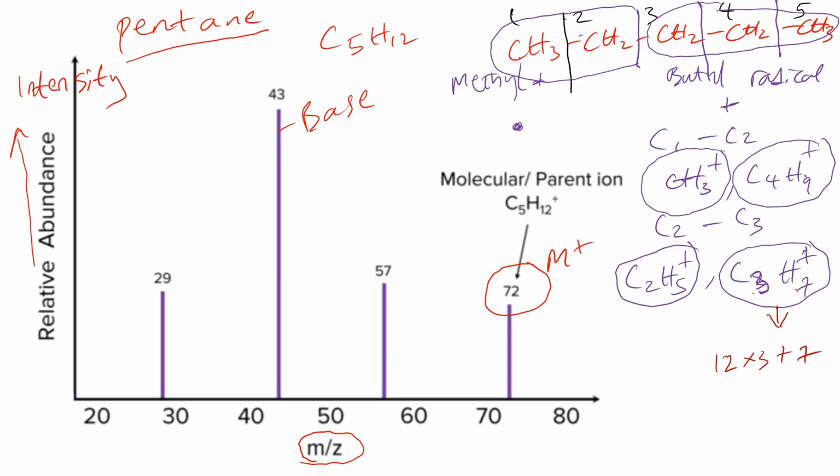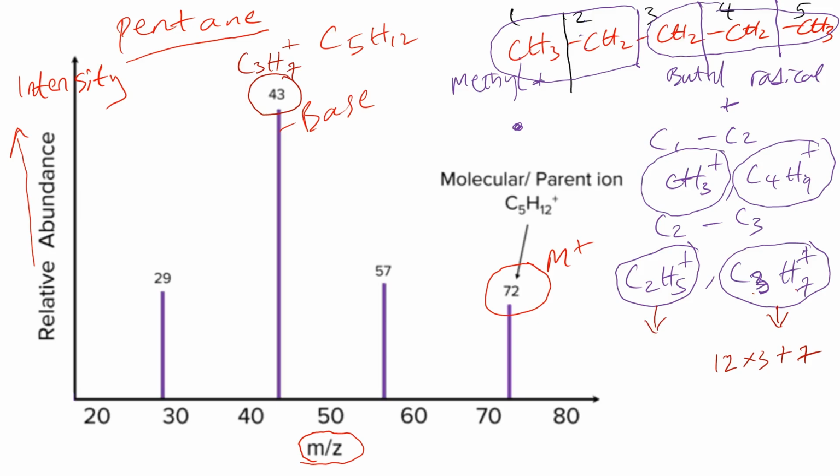So this corresponds to the peak here at 43. That is the propyl cation, C3H7+.